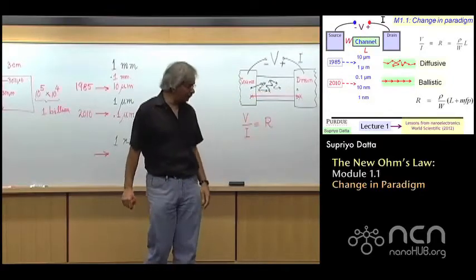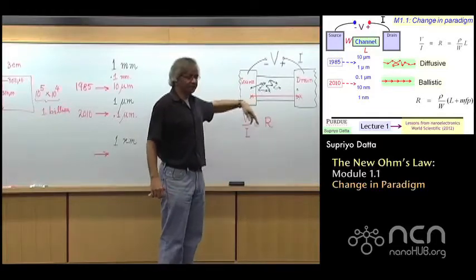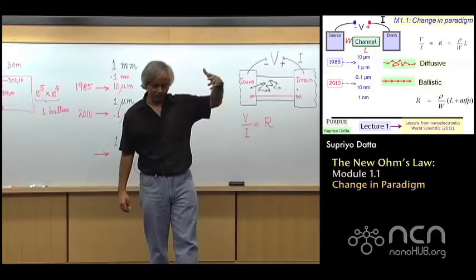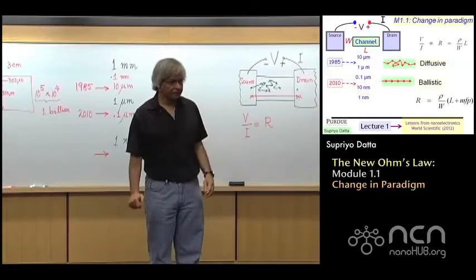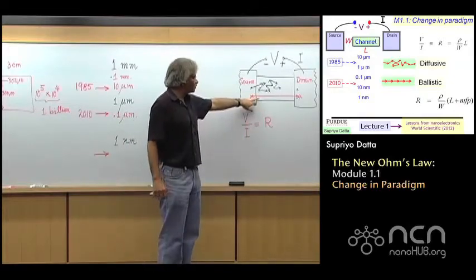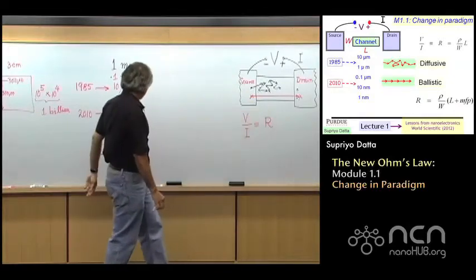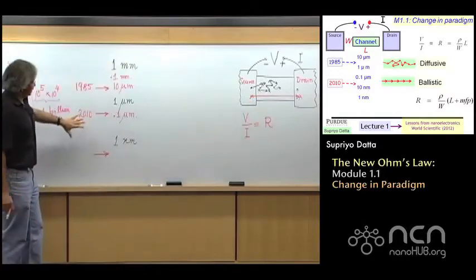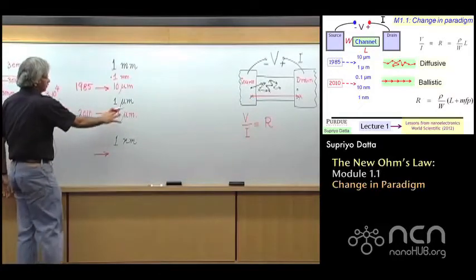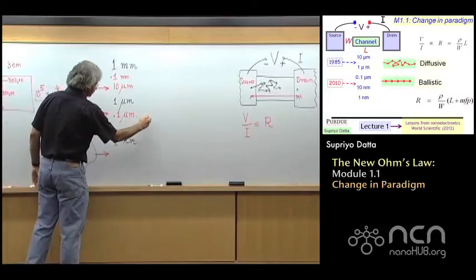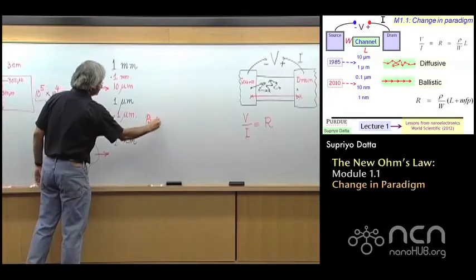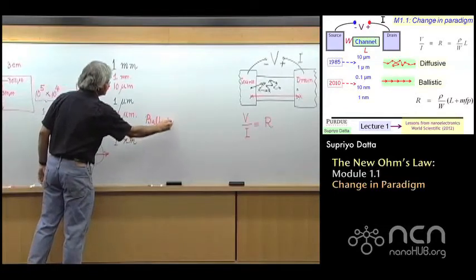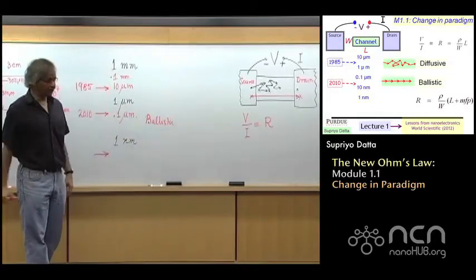The technical name for that is ballistic transport. It's like a bullet. So that's what you see today, where electrons are going through like bullets.